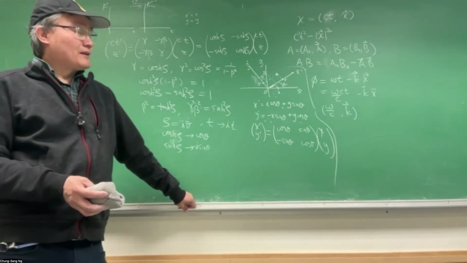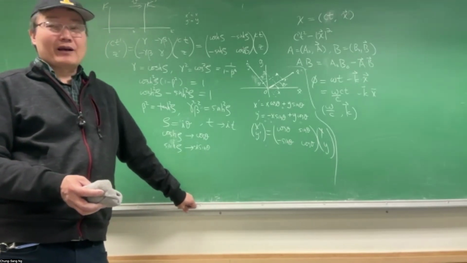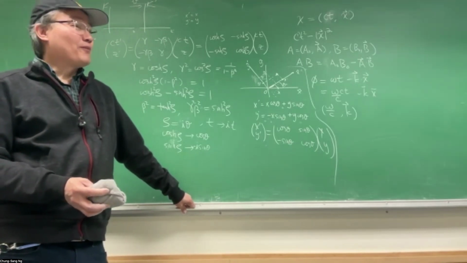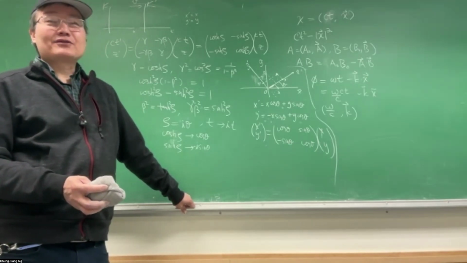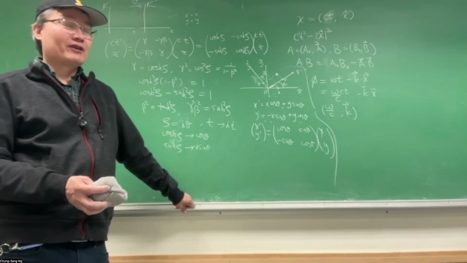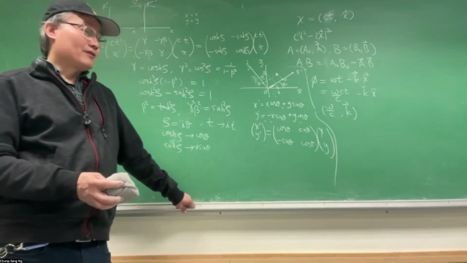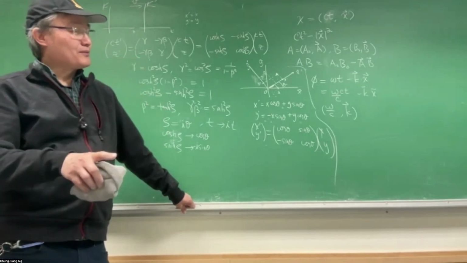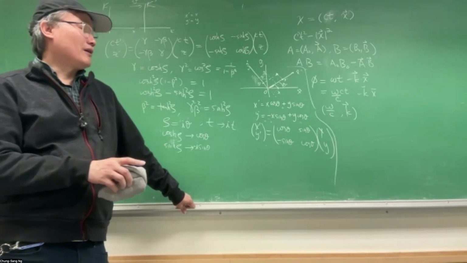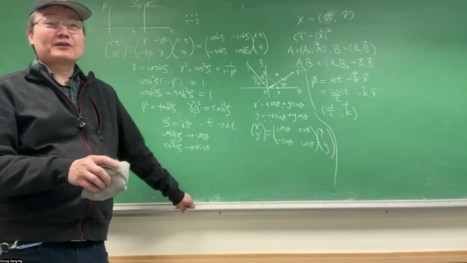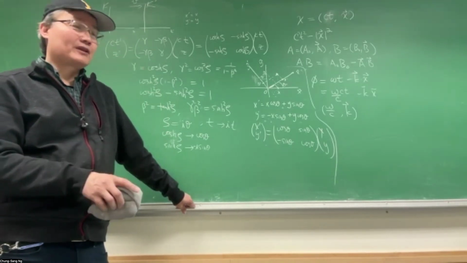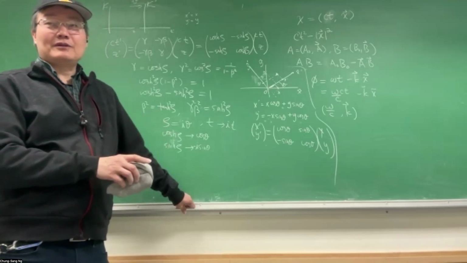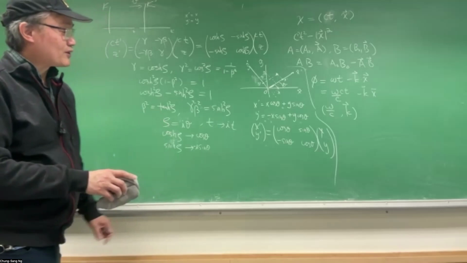Otherwise, it's not apparent. Like the original Maxwell equations, you cannot see right away that they are invariant. But later on, hopefully this week, Wednesday or so, we'll express all four Maxwell equations in tensor form. Then you make sure that the Maxwell equations are totally invariant with respect to special relativity.